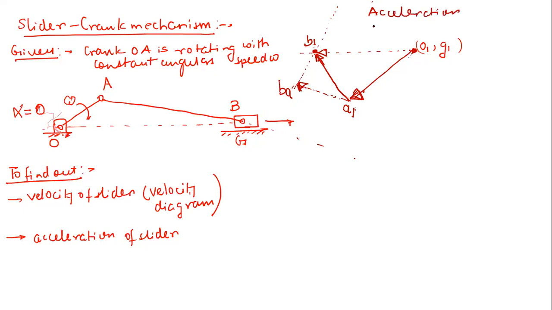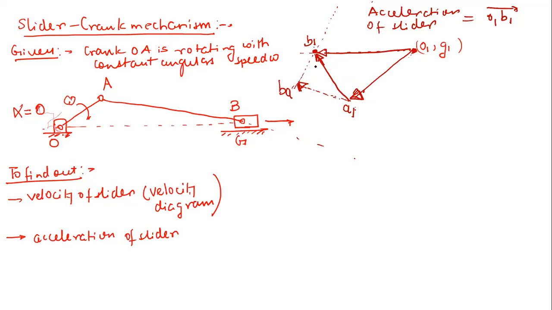Now this is very easy, right? For a slider crank mechanism, it is not a big deal. This is the acceleration of the slider, given by the O1B1 vector. The direction is also completely known to you. Although it is rotating clockwise, if you observe this particular configuration, the direction of this acceleration is in this direction.